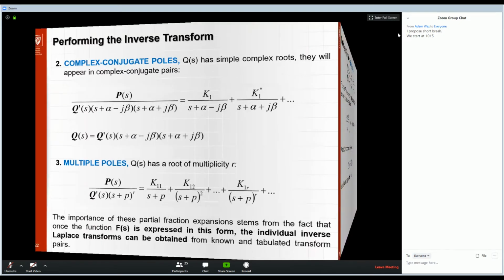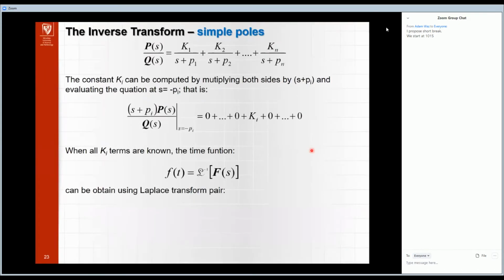these cases. Okay, and how can we find the factors, for example K1 up to Kn? The constants Ki can be computed by multiplying both sides by s plus p and evaluating the equation at this point.